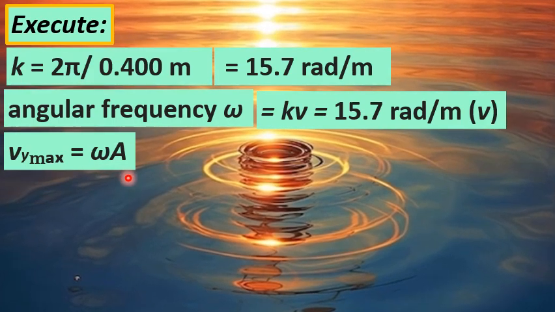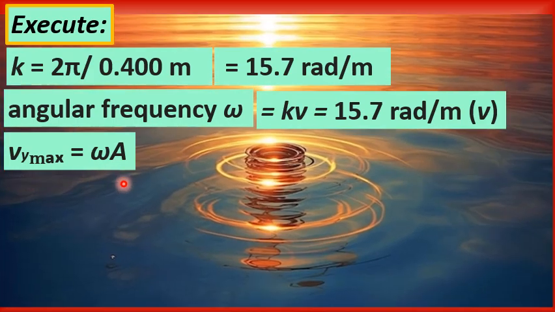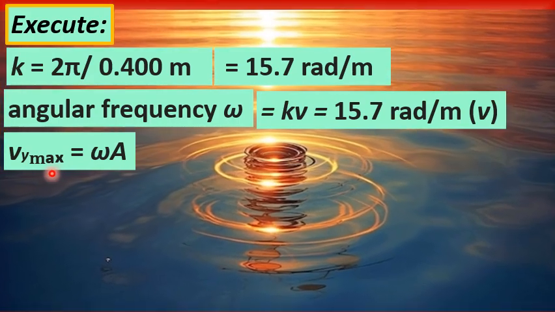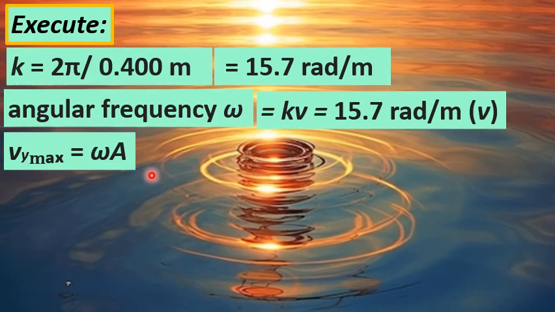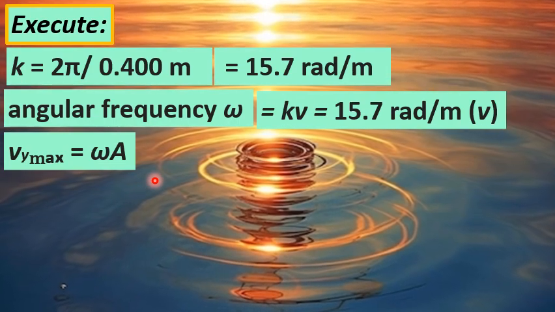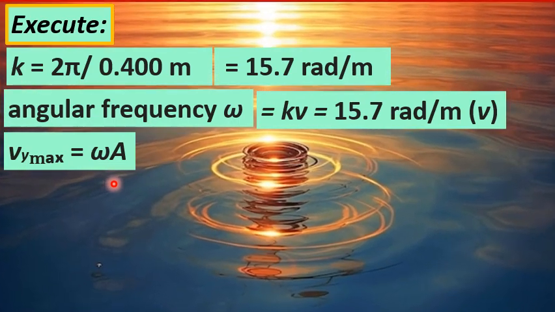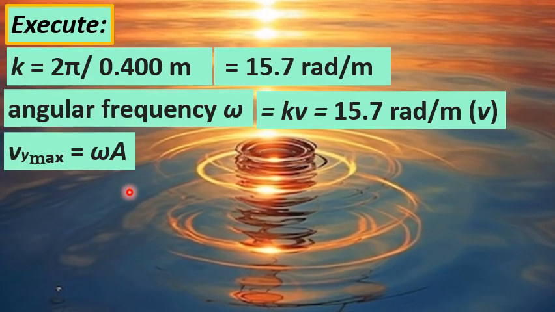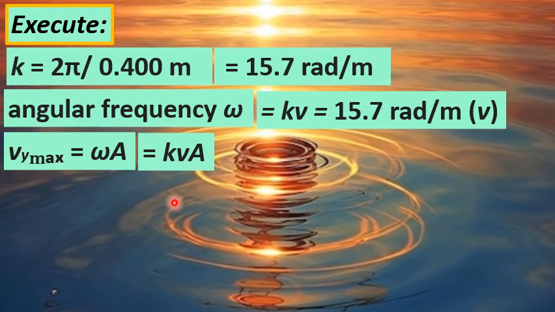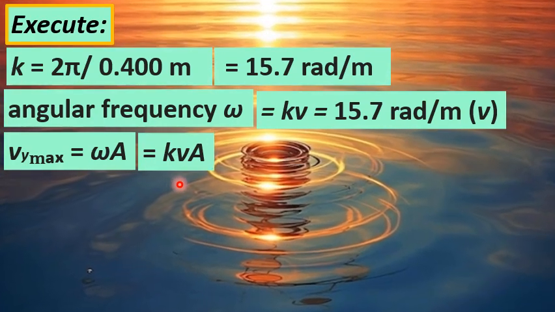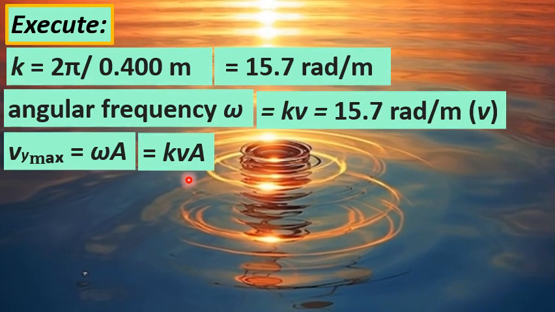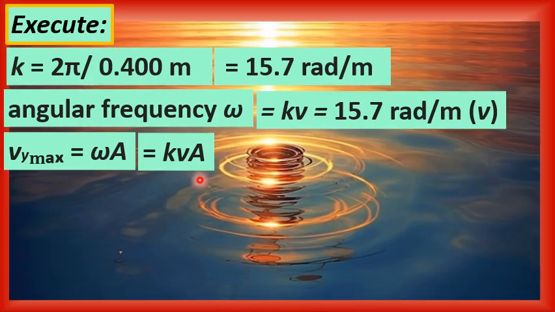So at the equilibrium position, the transverse velocity of any particle within the string is considered maximum. And this can be equated. The v sub y max can be equated to the wave number k multiplied by the speed of wave propagation and the amplitude capital A.